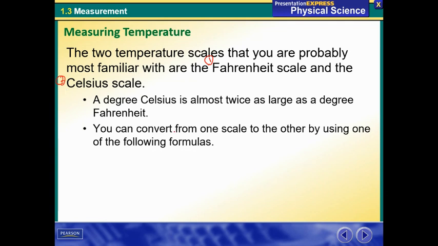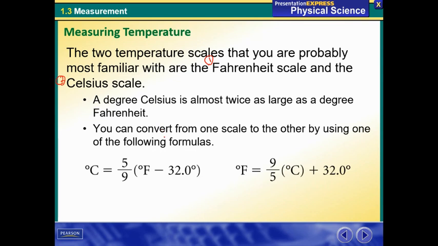One thing to note is that the degree Celsius is actually almost twice as large as the degree for Fahrenheit. So when we get to the end, when we talk about the difference between the Celsius and the Fahrenheit scale, you're going to see that there is a big jump. But we're going to learn how to convert from one scale to the other, and we're going to use the following formulas. These are 2 things that I say star in your notes because you're going to be using them on your homework.